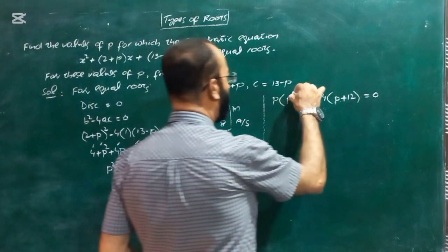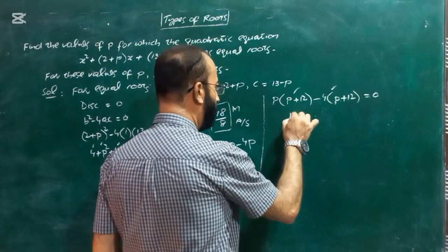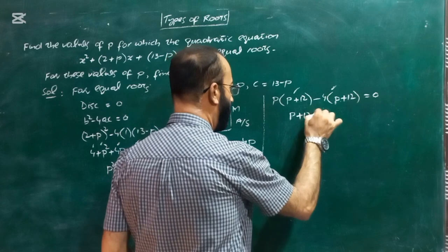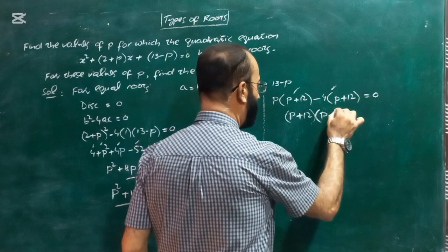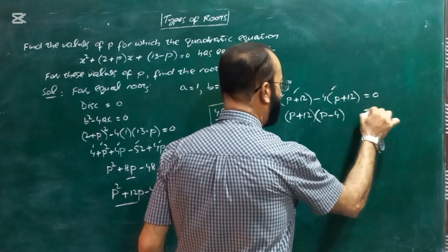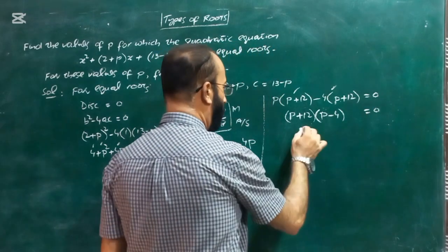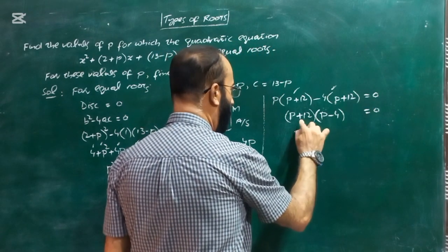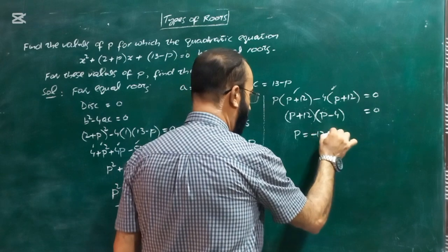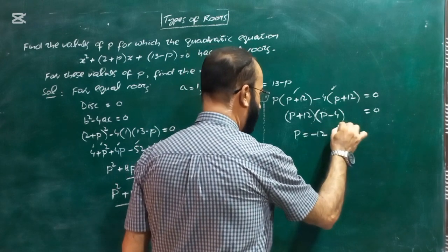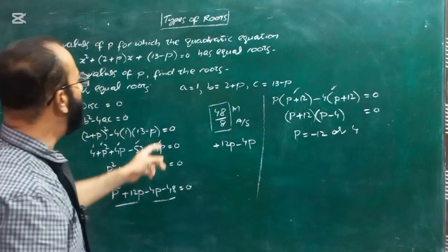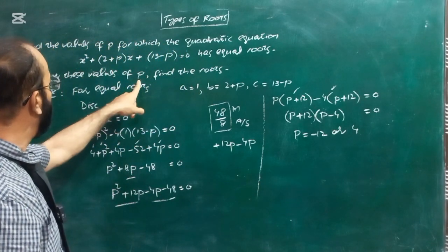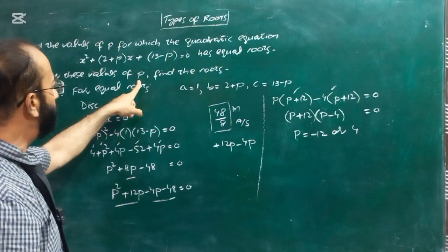So these two brackets are the same. One will be written out of these two brackets, and the values outside the bracket will be written in the second bracket equal to 0 as it is. And from here, p will be equal to minus 12 and plus 4. So these are the values of p. So half the question is done.